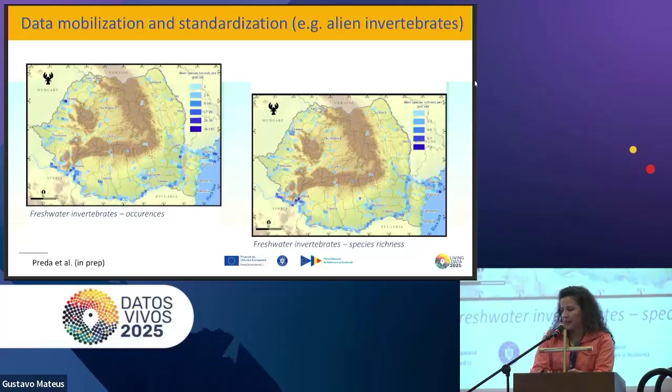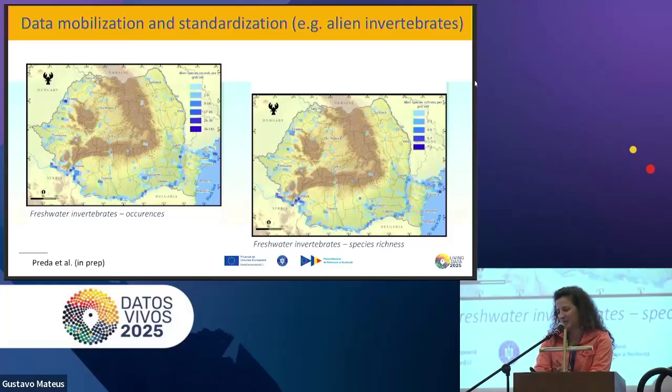We are trying to establish, as Quentin mentioned earlier, a checklist, a baseline, so as to have knowledge of the current situation in Romania. Here I put some examples of maps for the freshwater invertebrates. The maps are quite similar, I realize that now.